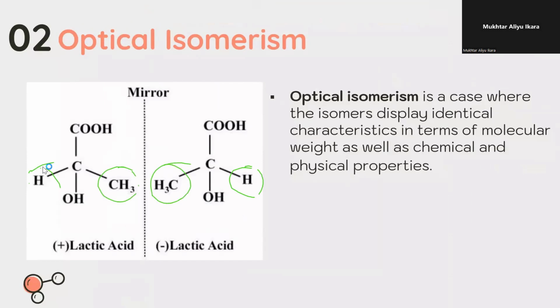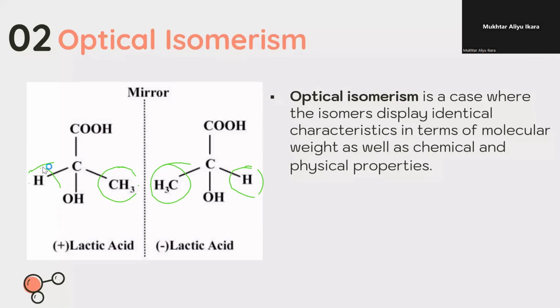That is why in stereoisomerism the compounds have identical characteristics in terms of molecular weight as well as chemical and physical properties, but they are mirror images of one another, and that is why this one is positive and this one is negative. It's lactic acid.